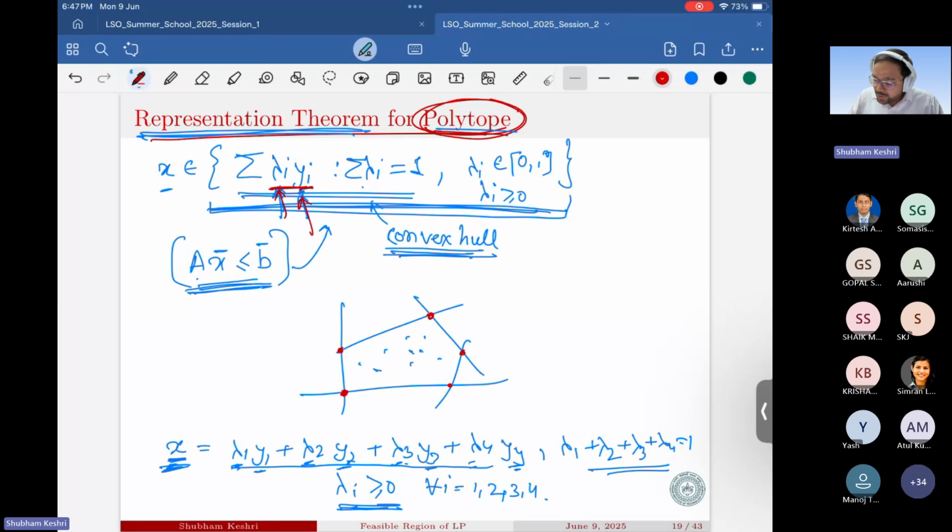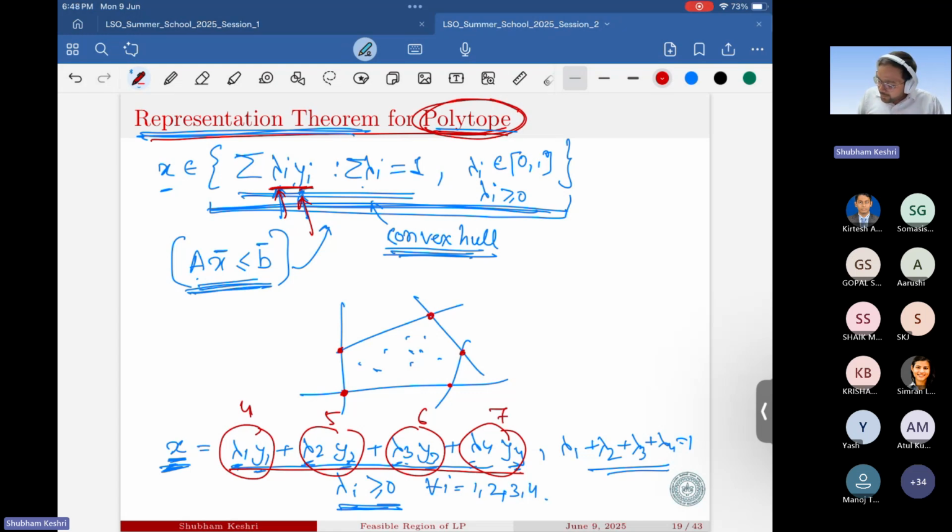You see, since you are representing each point using lambda i yi, take for example this point, x is equal to lambda 1 y1 plus lambda 2 y2, and so on up to lambda 4 y4. So there are 4 corner points. Now suppose one is taking the value 4, one is 5, one is 6, one is 7. So these are coming out to be 4, 5, 6, and 7.